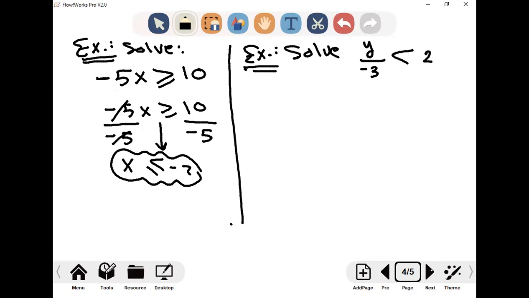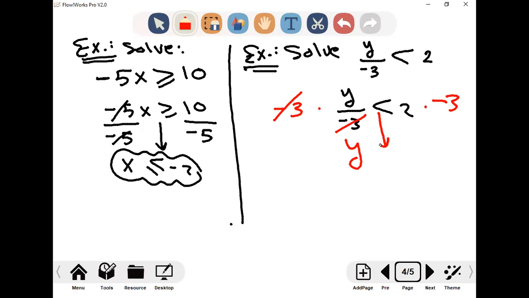I'm following the note, right? So y over negative 3 less than 2. I'm still not multiplying, right? At the end, I will switch. So here it stays the same for now, and I will multiply both sides by negative 3. This cancels with this. So y, switch it. Simple as that.